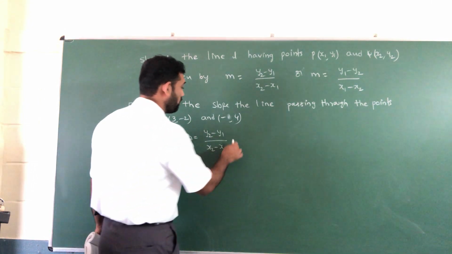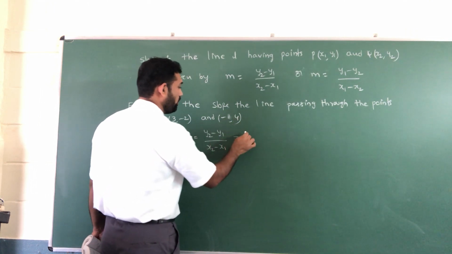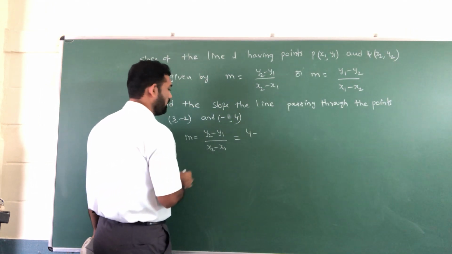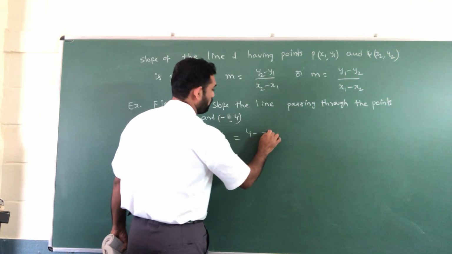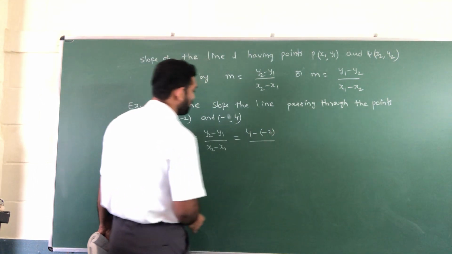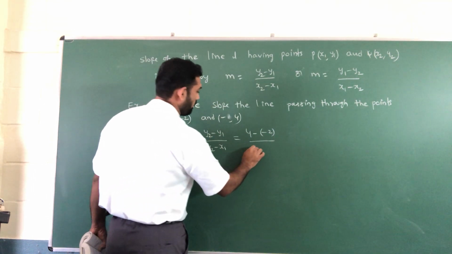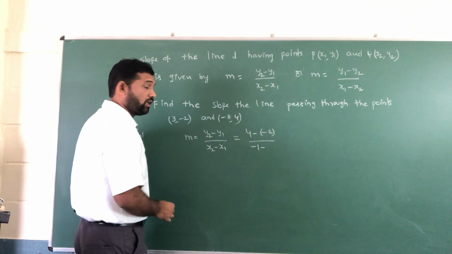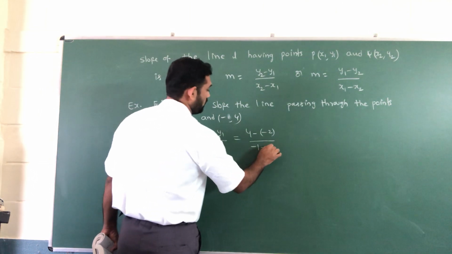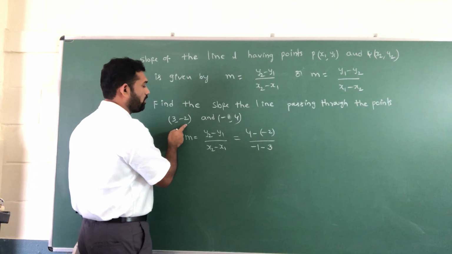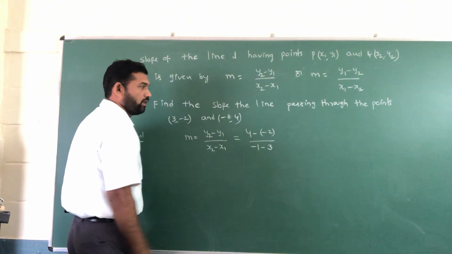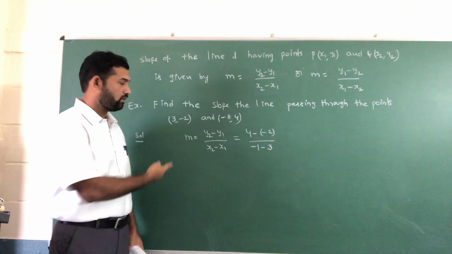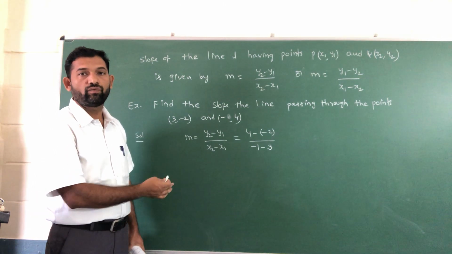On simplification, y2 means 4 minus y1 means minus 2, divided by x2 means minus 1 minus x1 which is 3.